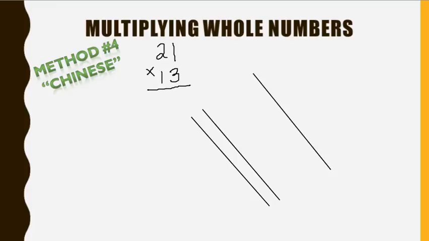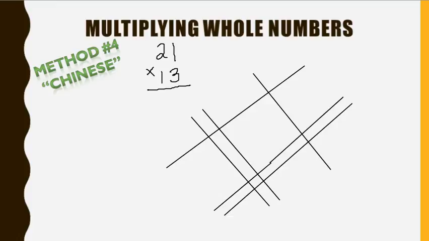Now we're going to go the other way. 1 line to represent the 1, and then 3 lines to represent that 3. So if you lost me what I was doing here, this is like 21, and this is like 13.